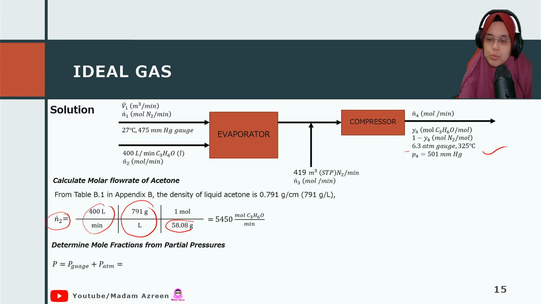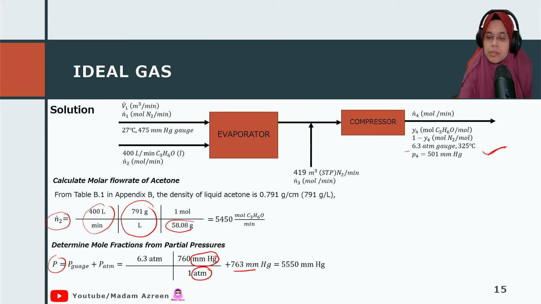And then next we move to this stream. We can determine the value of P, which is P gauge plus P atm. Okay, and then we can get the value of P, which involves a unit conversion from atm to mmHg. So we add the atmospheric pressure, so we get the value of total pressure, because here it is gauge.